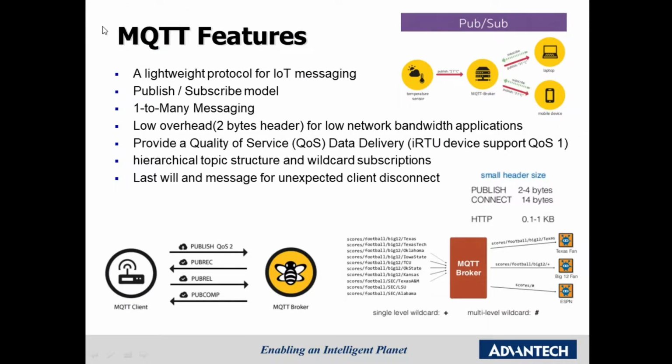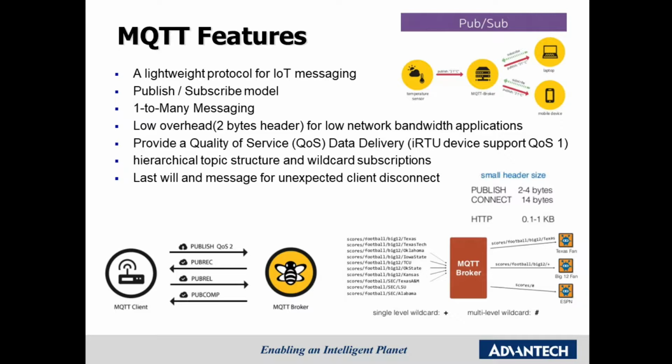So this slide summarizes some MQTT features. It's a lightweight protocol for IoT messaging. The communication model is the publish and subscribe model, as this picture shows. It can realize one-to-many messaging. The header of MQTT is really small, which is suitable for low network bandwidth applications.